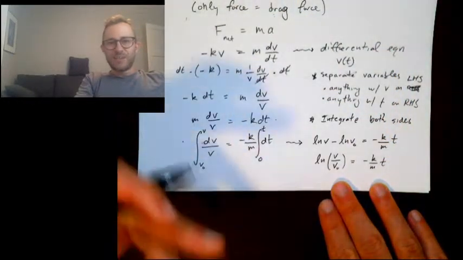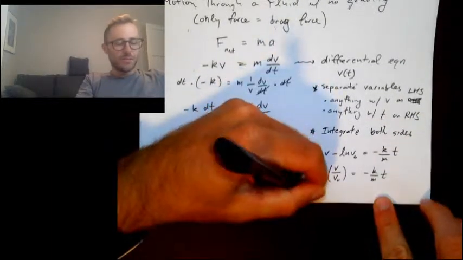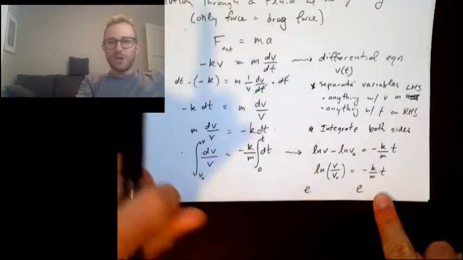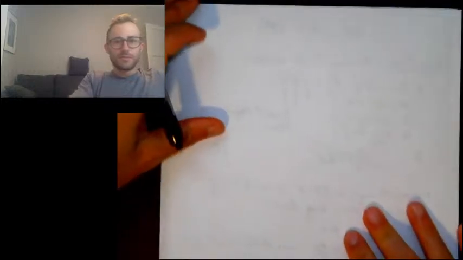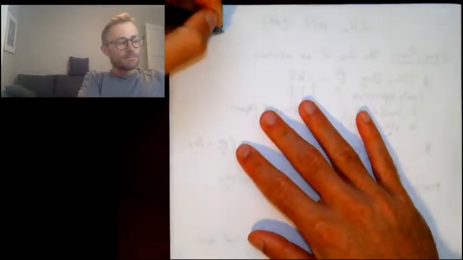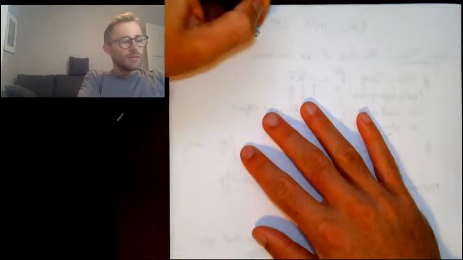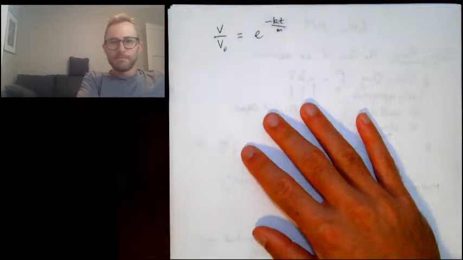I'm going to take the exponential of both sides. So if I do e to both sides, the e cancels out the natural log. So going to the other side, I get v over v naught equals e to the minus kt over m.